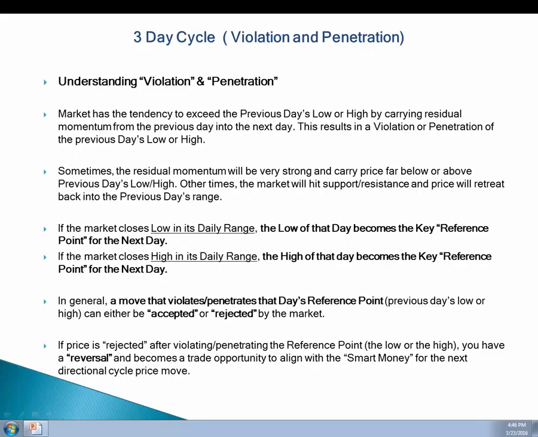This is an important part of what we're talking about: whether or not the highs and lows get violated or penetrated. In general, a move that violates or penetrates the day's reference point can either be accepted or rejected. So what's the day's reference point? You have two of them: high and low.